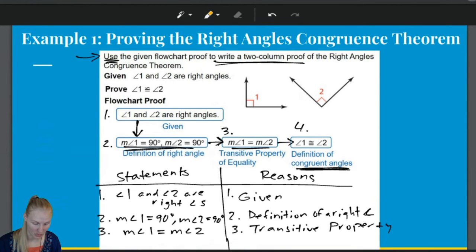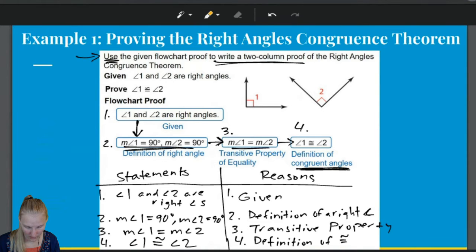That's what it means to be congruent. If two angles are congruent, it means that they have the same measure. So this is just the definition of congruent angles. I'm using a little bit of abbreviation, but hey, we have the symbols, let's use them.